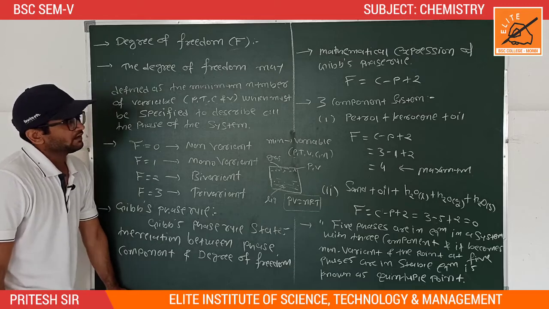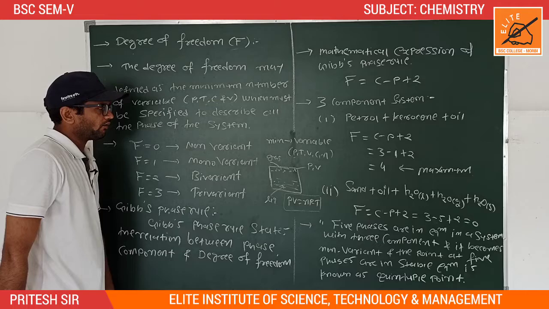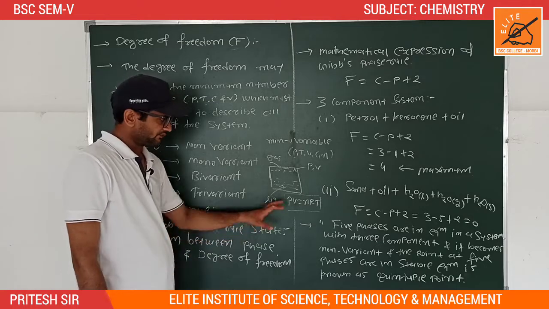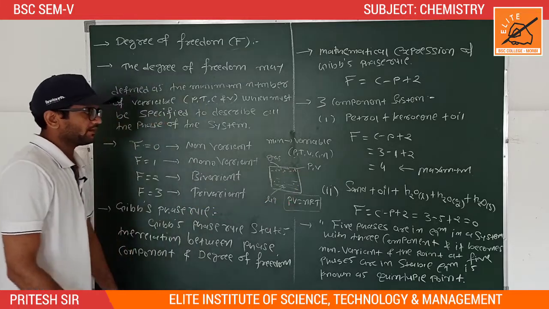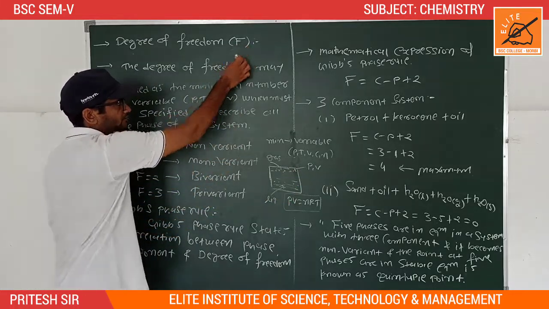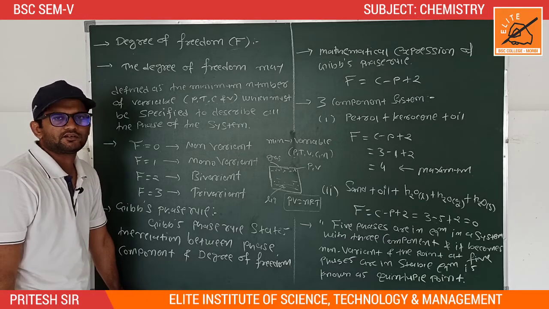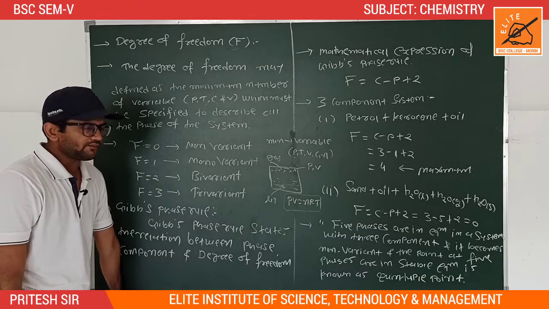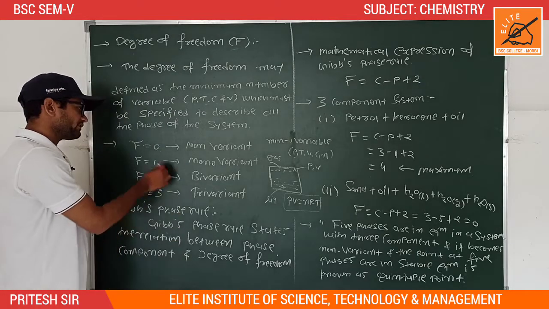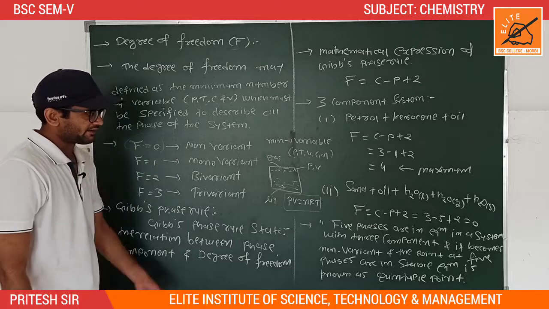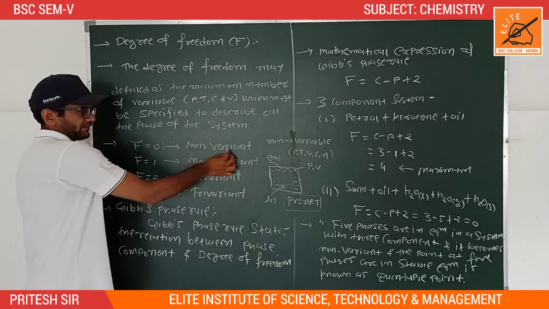So the degree of freedom means how many minimum variables are required to define all the phases. It is denoted by capital F. Suppose capital F is equal to 0, it means no variables are required to define your system, so it will become non-variant.